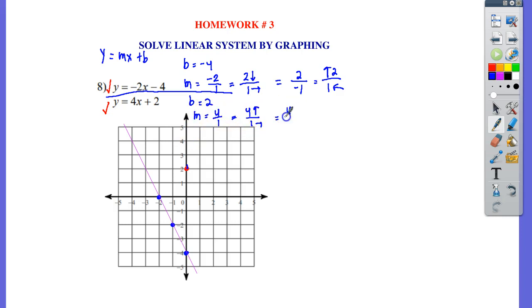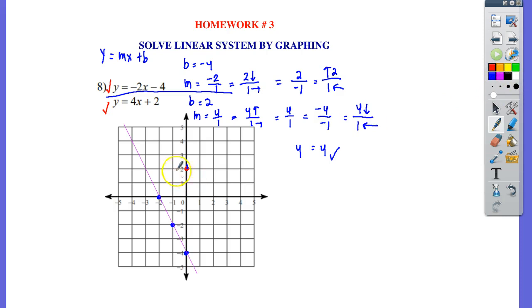+4 over 1 is the same thing as -4 over -1. When you divide -4 by -1, you will get +4, correct? The same as 4 divided by 1. So this is also correct, which means you can actually go down 4 and then 1 left.